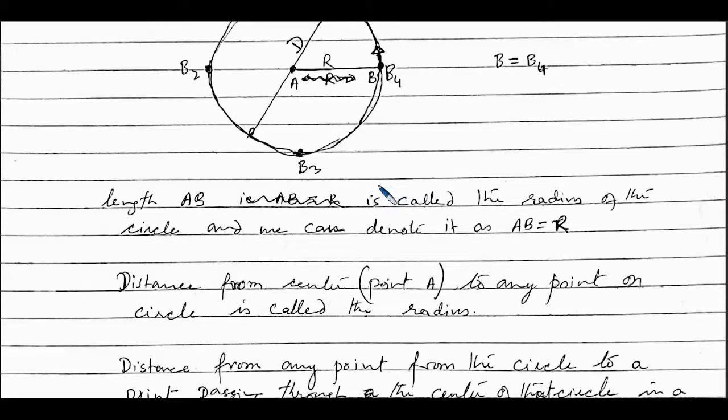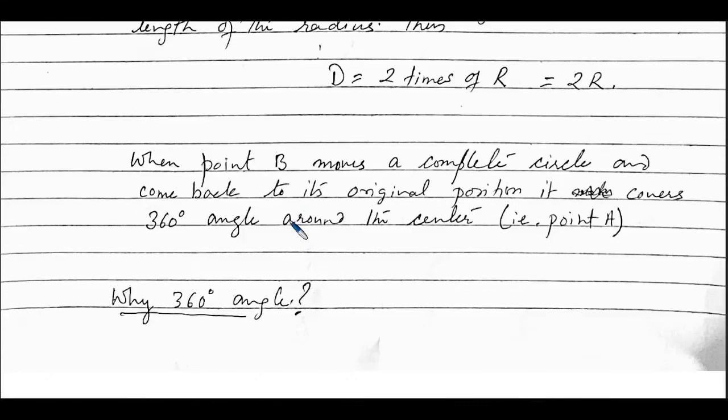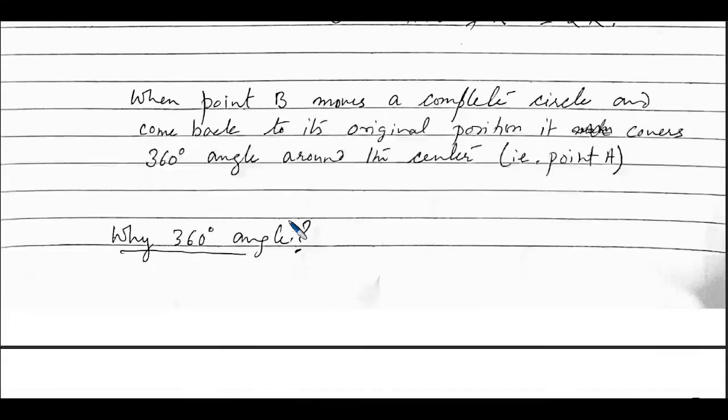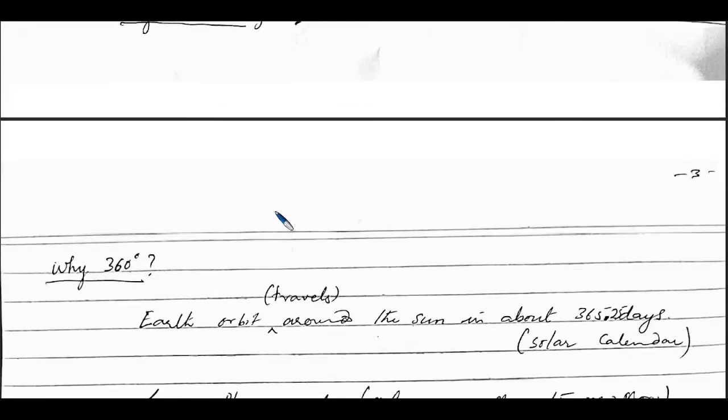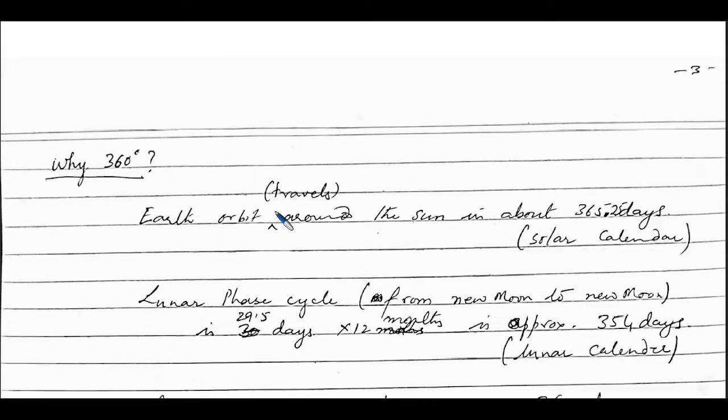Okay, why 360 degrees? There is some historical reason from ancient Greek and even Indian astronomers. The circle was denoted by 360 degrees because one of the reasons was that it was attributed to Earth's orbit around the sun in about 365 days.